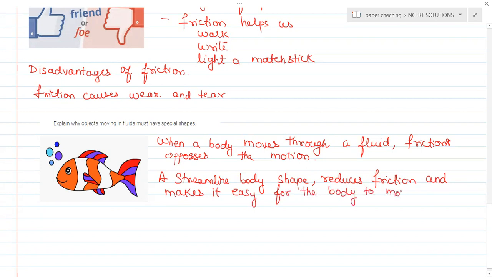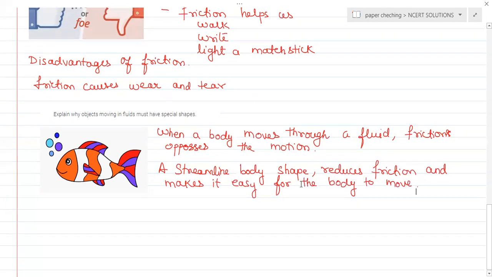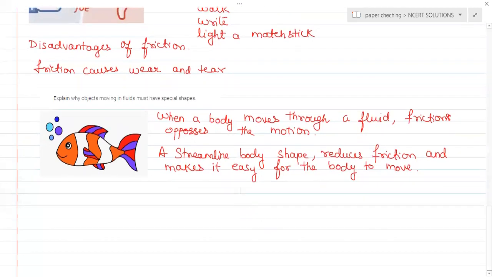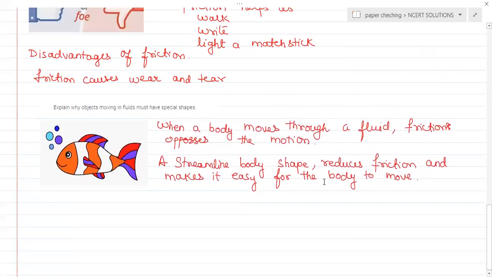Now, the question can be asked the other way around: what are the ways of reducing fluid friction? Then you can say that it is easier for us to reduce friction by giving a streamlined body shape. A streamlined body shape is tapering at the beginning and at the end, and bulged in between.